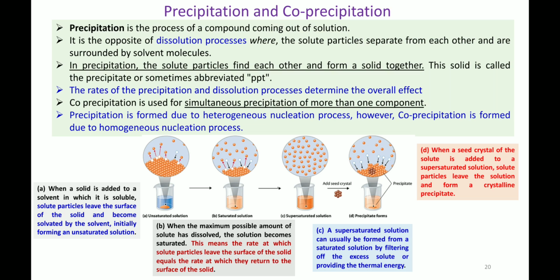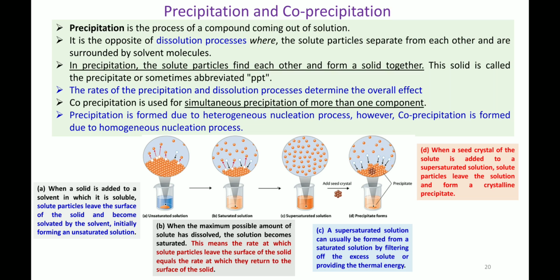As I said, this is a bottom up approach, and the environment is of course liquid phase. This is a liquid phase synthesis technique, because the environment in which these nanoparticles are going to form is liquid. So you can imagine that we have here a solvent and a solute.